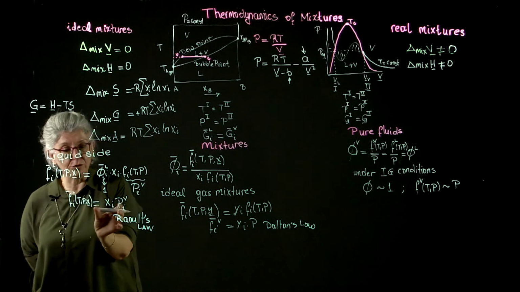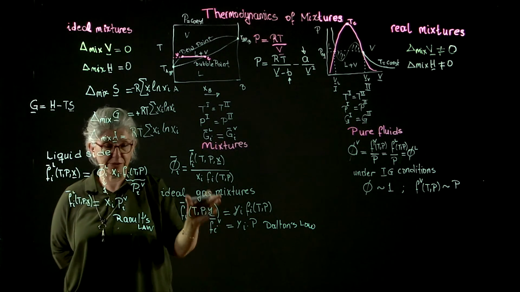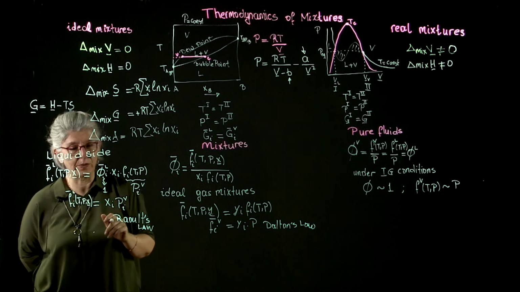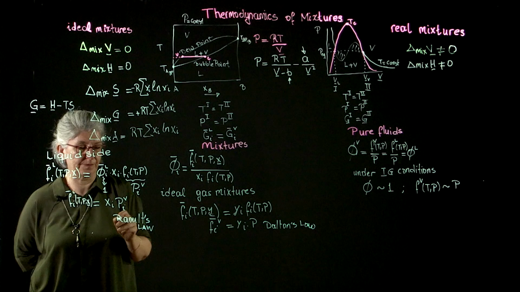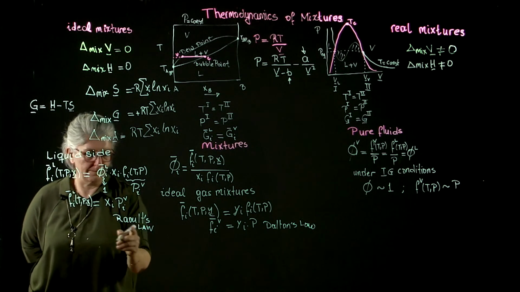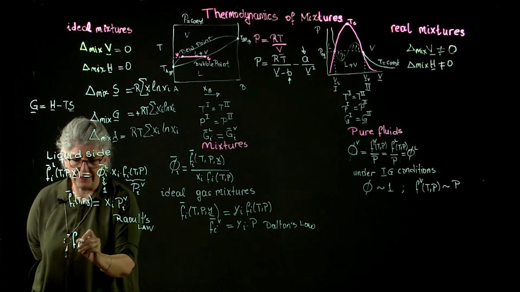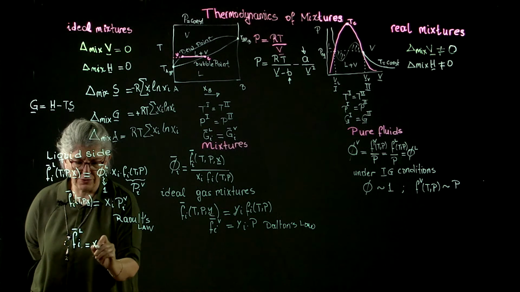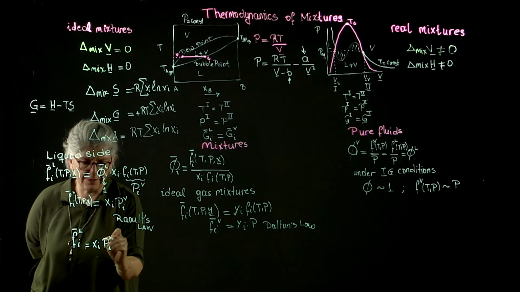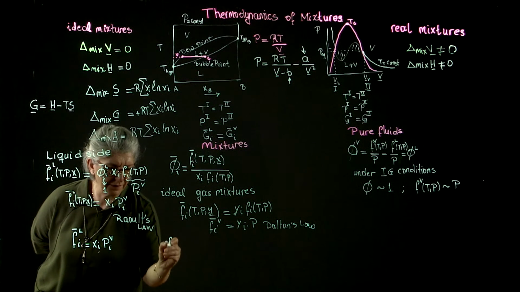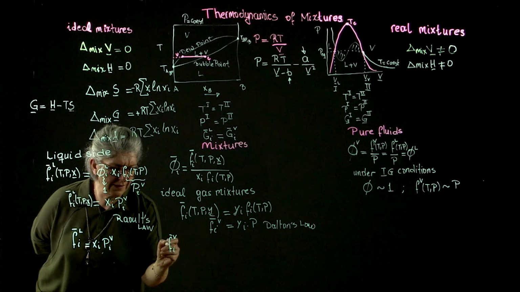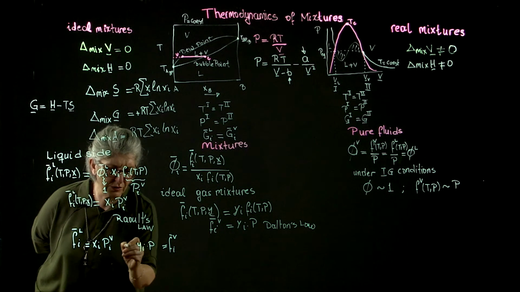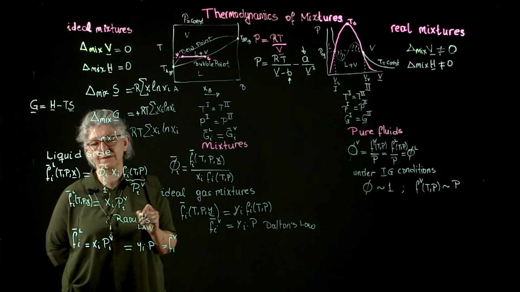Now I'm going to combine those two equations plus one more to be able to estimate bubble points and dew points. f_i^L is equal to x_i P_i^vap, f_i^V is equal to y_i times P total, and they're going to be equal to one another.